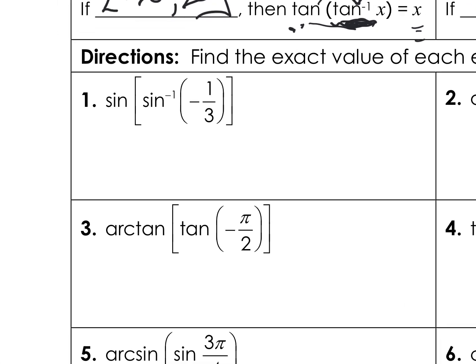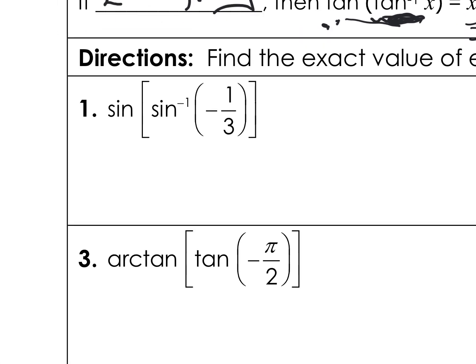So, first problem. If I take the sine of an inverse sine, these two should cancel each other out, remember? So this one's easy. Sine of an inverse sine of something will be the something.